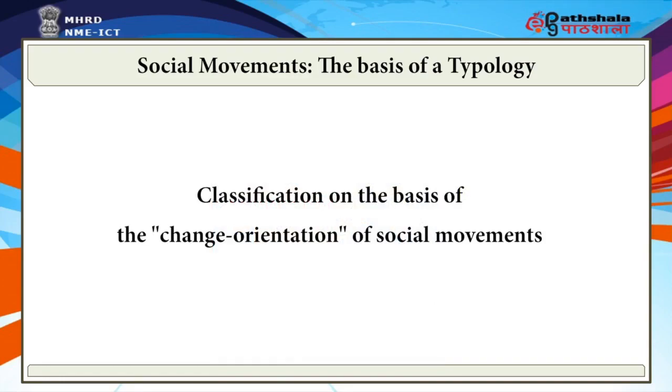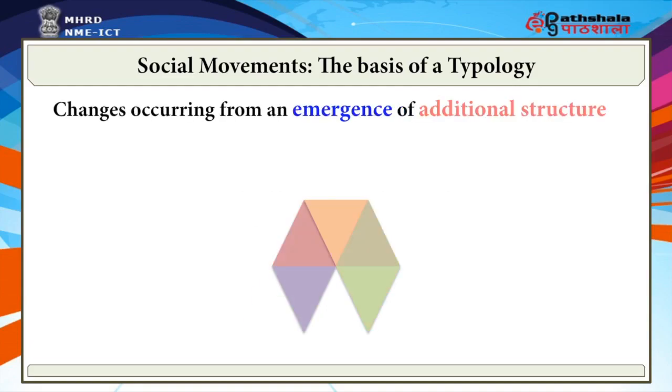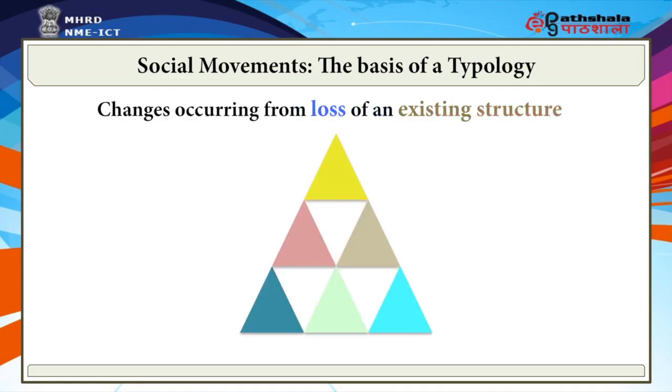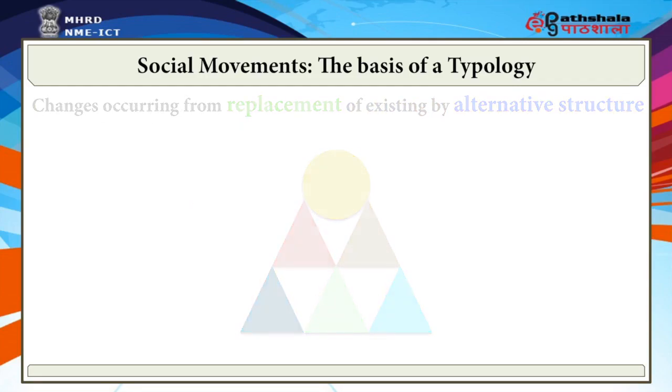We come across another form of classification on the basis of change orientation of the social movement as suggested by Partha Mukherjee in his study of Naxalbari movement. He says that social changes can be understood as changes occurring within the given structure, changes occurring from an emergence of an additional structure, changes occurring due to the elimination or loss of a structure, and changes occurring as a result of replacement of existing structure by an alternative structure.